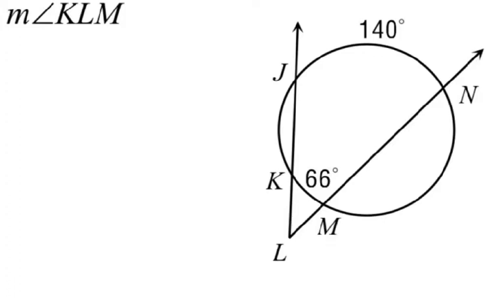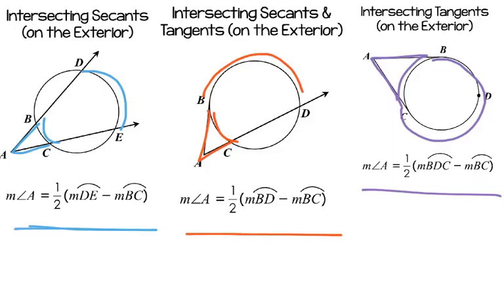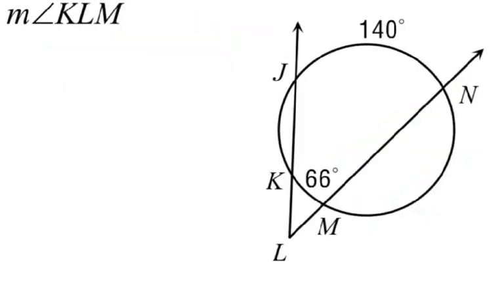Now we're going to do some other ones. So these are going to be examples of those three formulas that were basically the same deal. So the angle that you wanted to find is equal to half of the big intercepted arc minus the little one. So that's what we're doing.